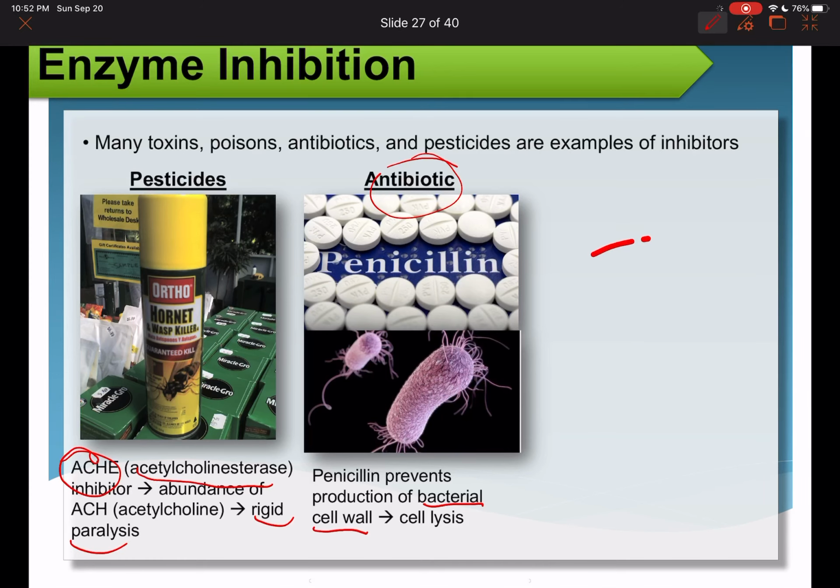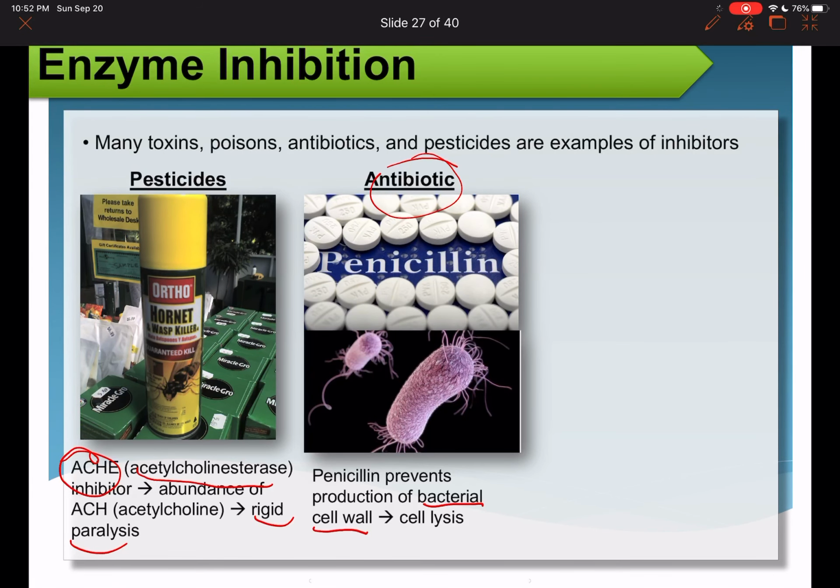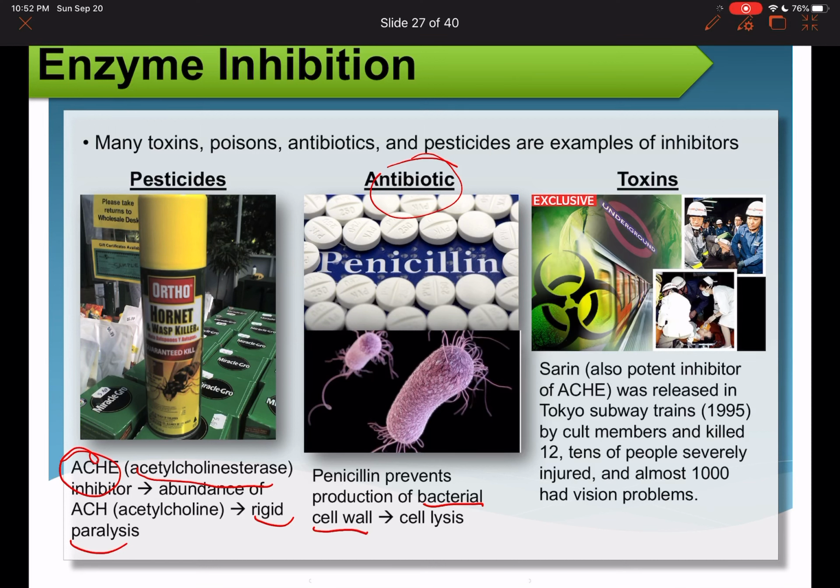And last example, let me erase my thing there. Okay. And the last example is something that we may not want to be exposed to: toxins, or poisons if you think about it. So a specific type of toxin called sarin acts kind of like what we're using in pesticide, except that it works for humans instead. It's like human pesticide, okay? But it is a potent inhibitor of AChE in humans specifically.